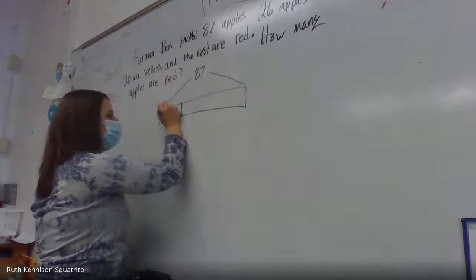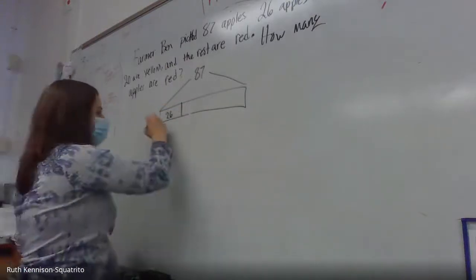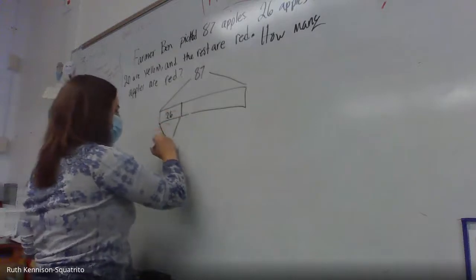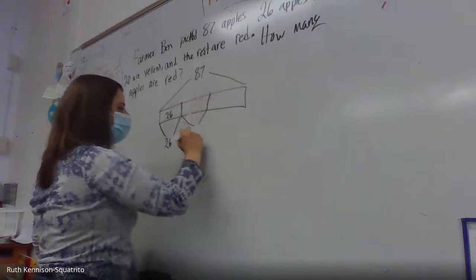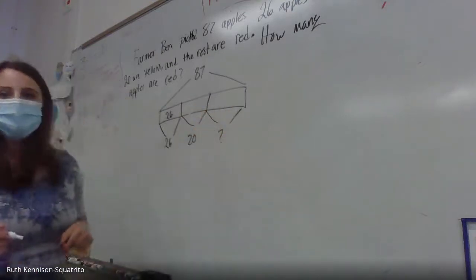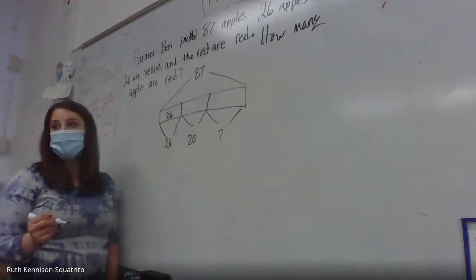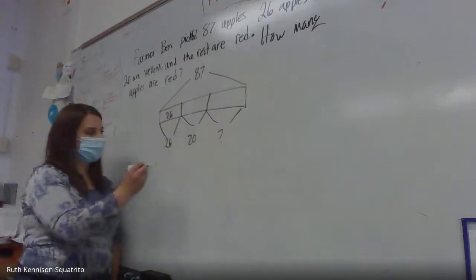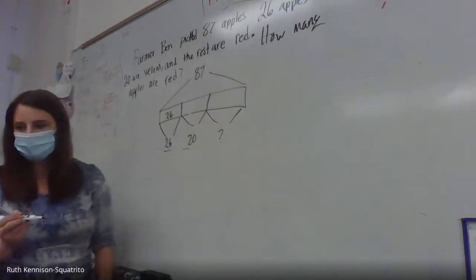So we've got 26 that are green, 20 that are yellow, and then the rest are red. So first of all, let's figure out how many green and yellow ones are together.